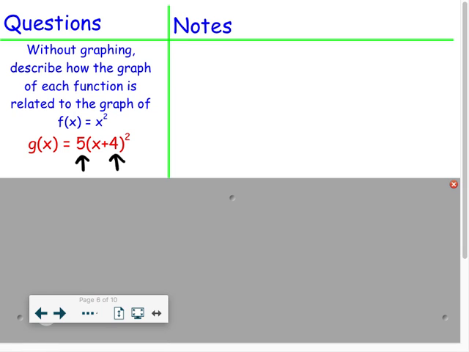The 5 out in front is going to dilate it, so it will be a dilation. And because that number out in front has an absolute value greater than 1. The absolute value of 5 is 5. So that's greater than 1. That means it's going to be stretched.